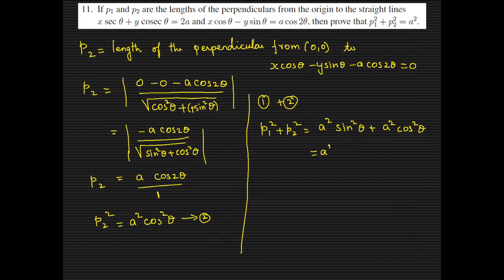We'll take a square outside: sin square plus cos square gives us 1, so that gives us a square. Hence P1 square plus P2 square is equal to a square. Hence proved. Clear? Thank you.